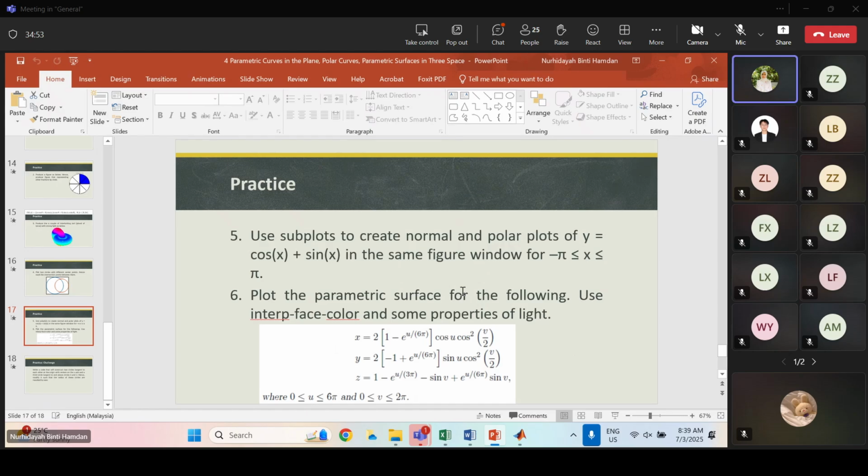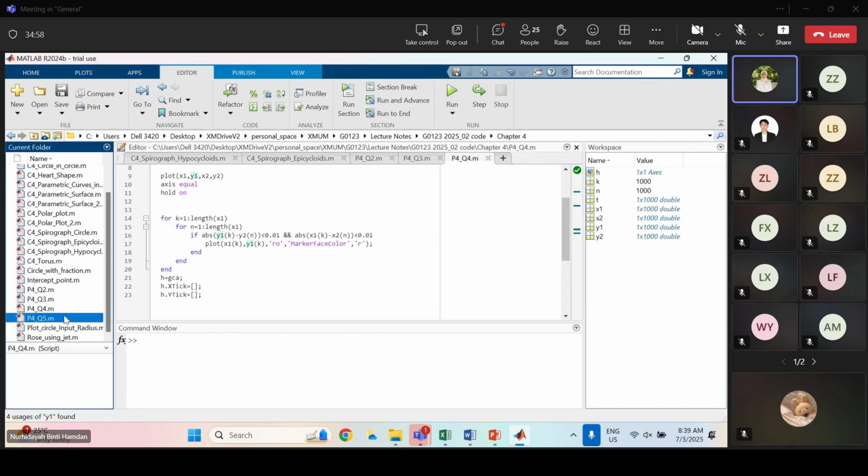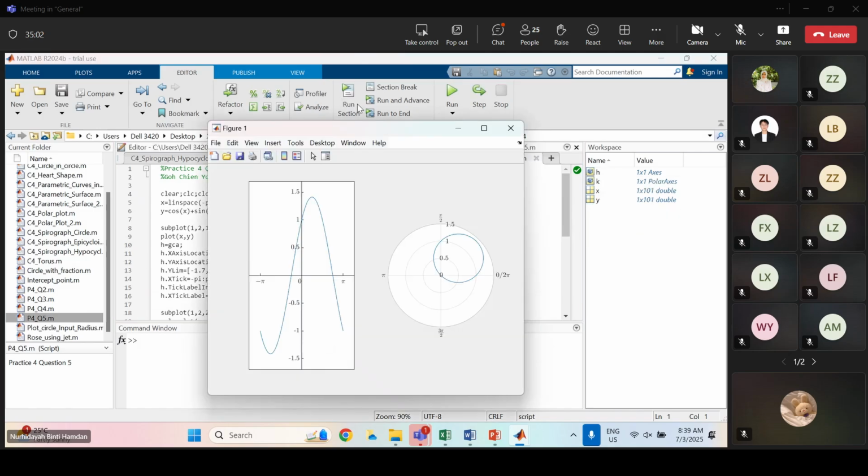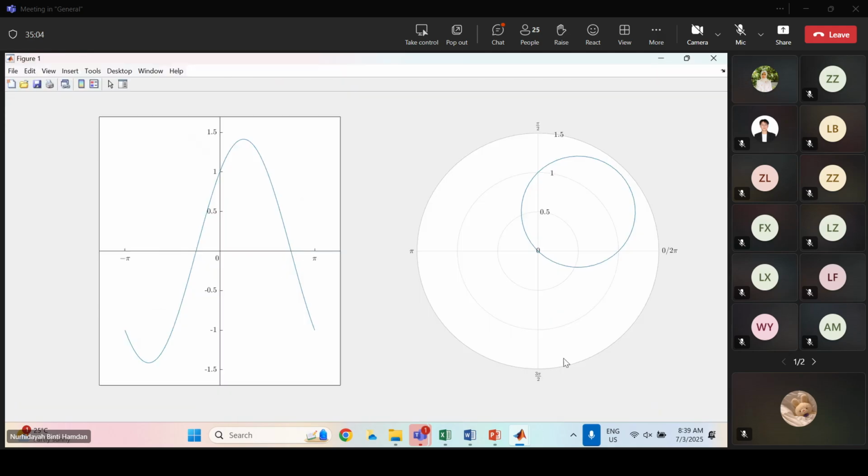Wait, I show you the output, then you see if it is doable for you or not. Like this. It's doable for you, right? You can do it by yourself. Check your tips, I will put it there.